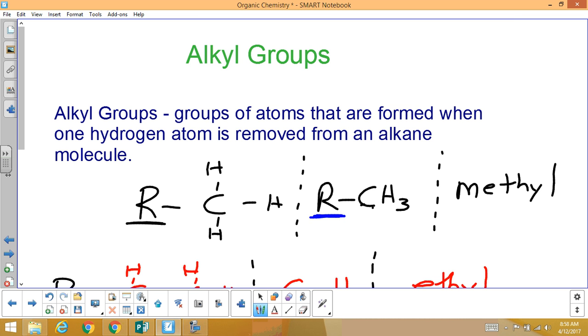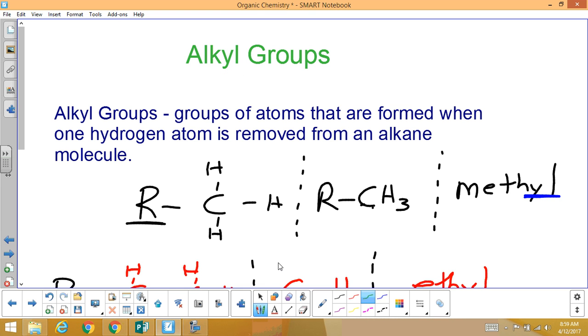The R might be octane, propane, butane. This group, now, since it's not part of the straight chain, and it's referred to as an alkyl group, it's a branch, instead of ending in ane, it ends in yl.